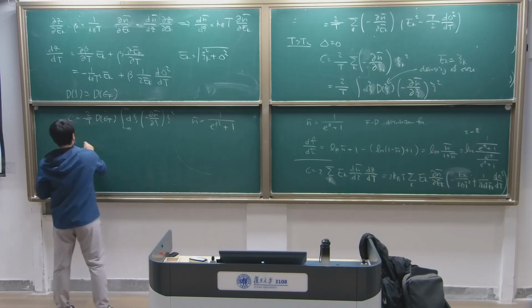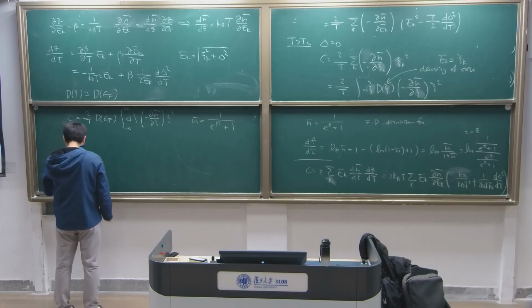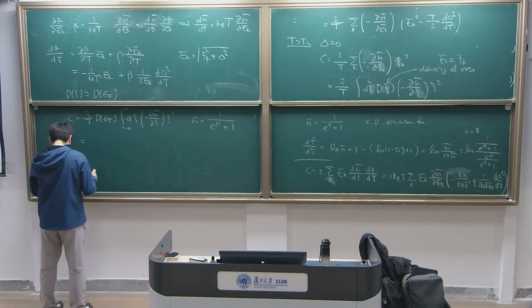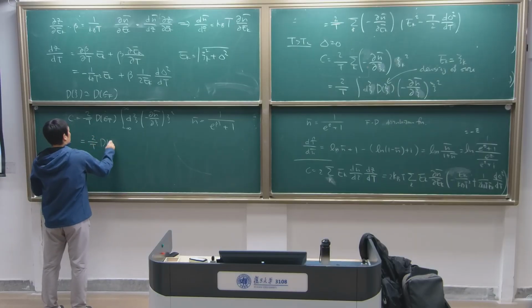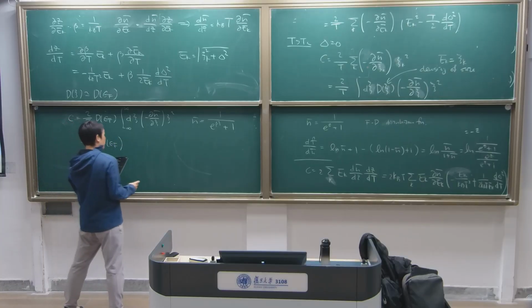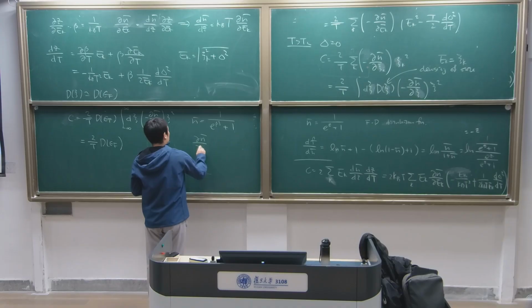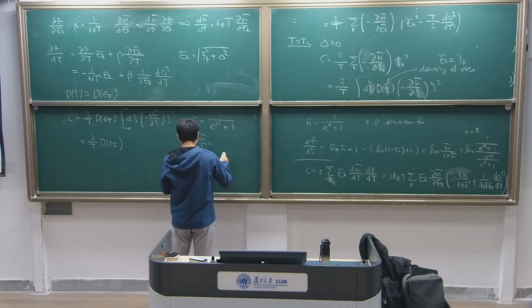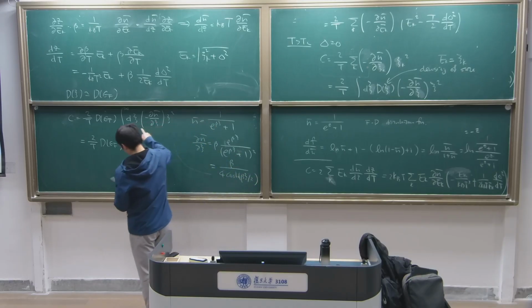We are going to here, and this is equal to C times over D is from F. And then, therefore, n bar del C is equal to beta times e to the beta C over e to the beta C plus 1, and this is equal to beta over 4 times cosh of beta C over 2. And plug that into here.